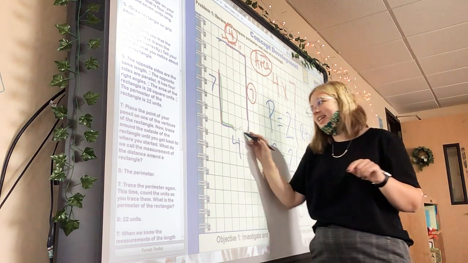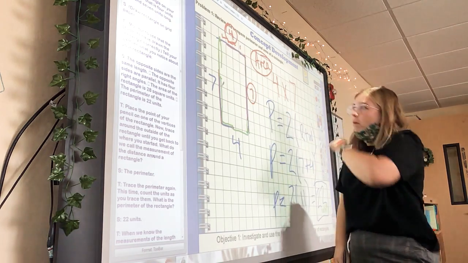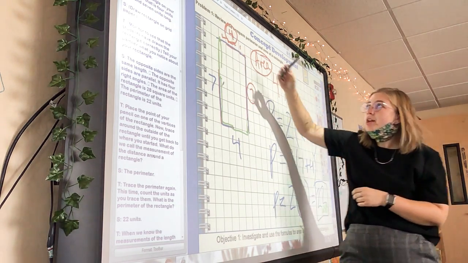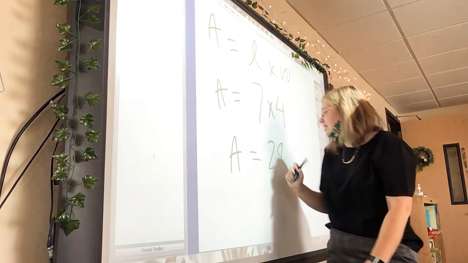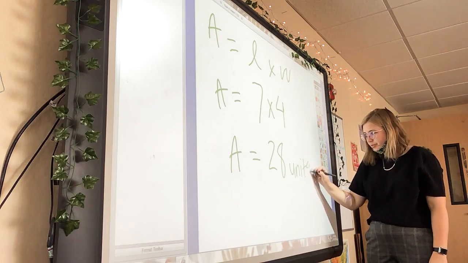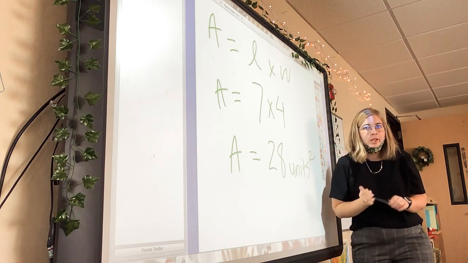Inside. Good. Thank you to that one person. Yeah, everything that's on the inside. So when we write our answer, it has to be 28 units squared, okay?